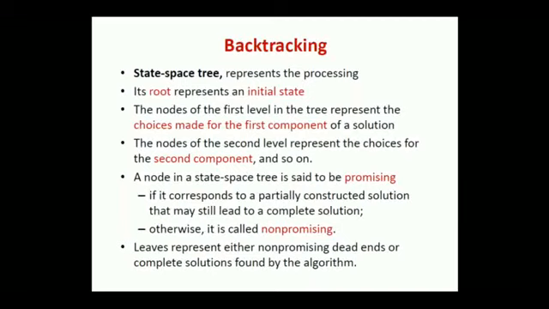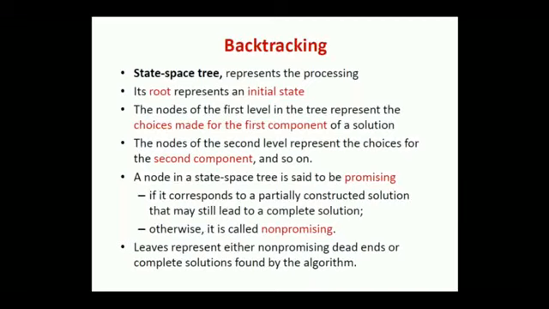Otherwise, if the selected component does not lead us to a solution, then we call it a non-promising node. Leaves represent either non-promising dead ends or complete solutions found by the algorithm. So whenever you encounter a non-promising dead end, then you backtrack to its previous node.